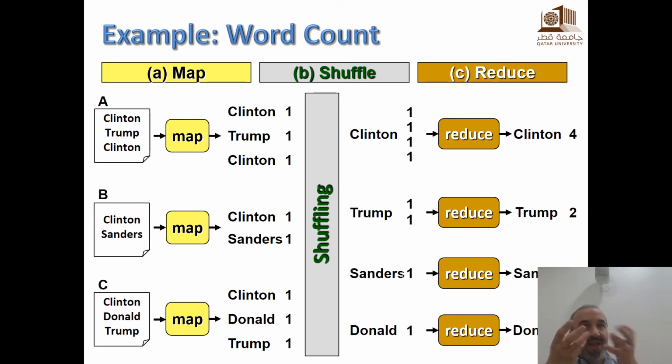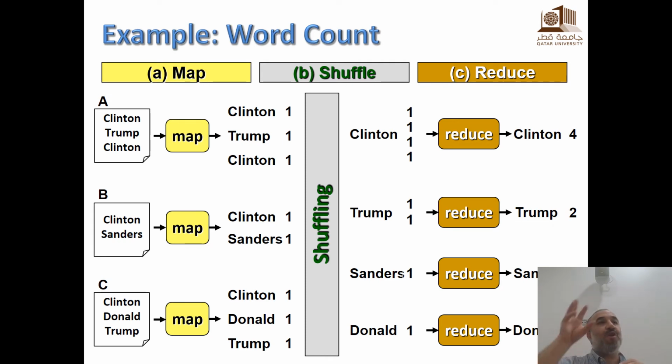You need to understand how the framework works so that you can solve your problems using that model. In a simple way, it processes each record independently in parallel and produces some partial results. These partial results we call intermediate output.